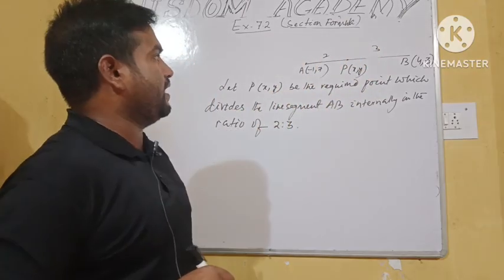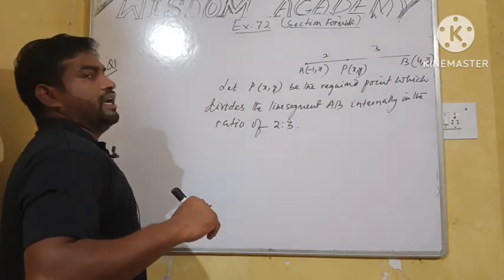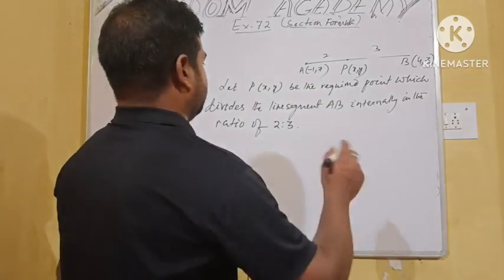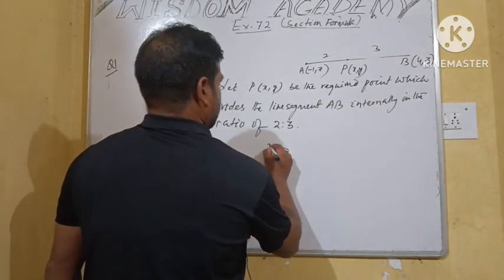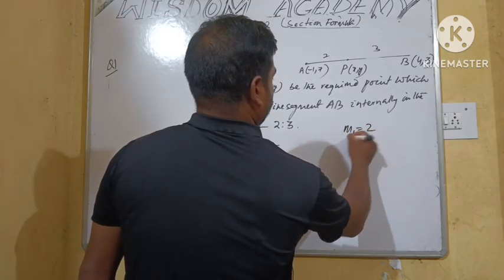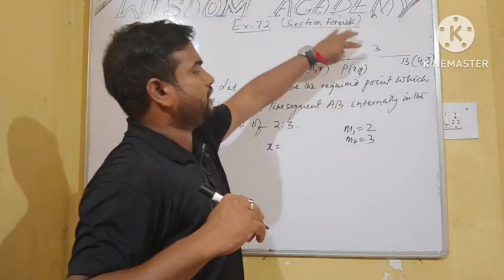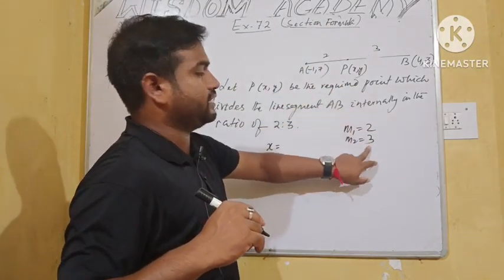We have to find the coordinates of P by using the section formula. Here m1 is 2 and m2 is 3.